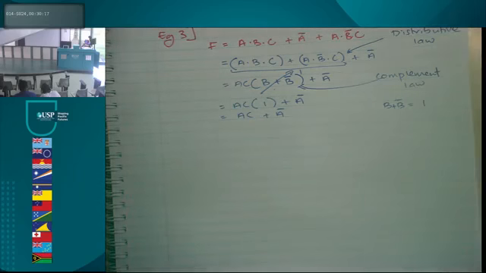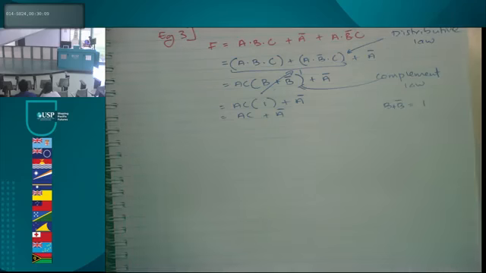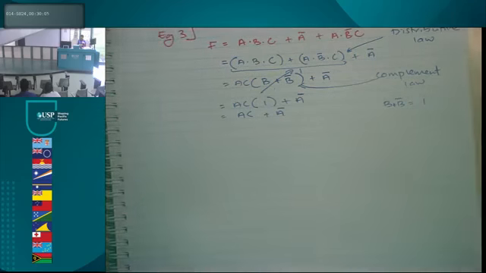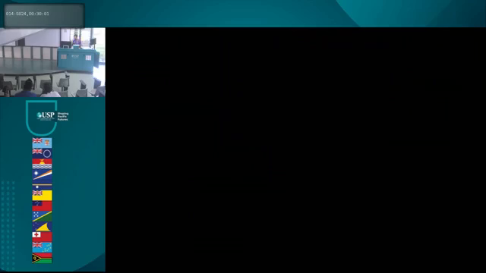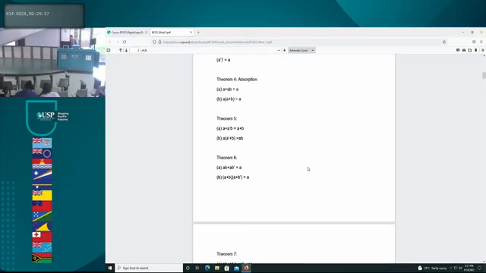Now you can see the variable A, okay? Oh wait, you can use theorem 5 here. Let's look at theorem 5 again. Okay, yeah, we can use theorem 5 here.